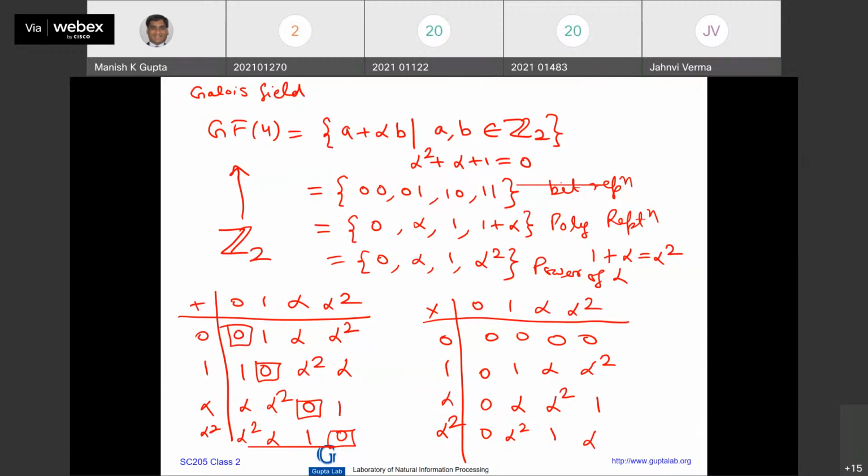So each element has its own inverse with respect to addition, and we can play with addition.